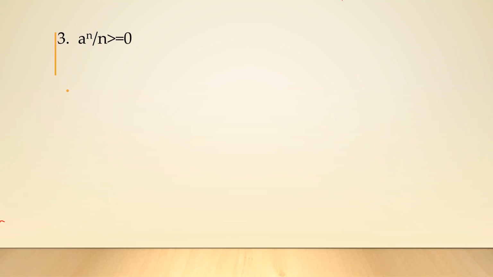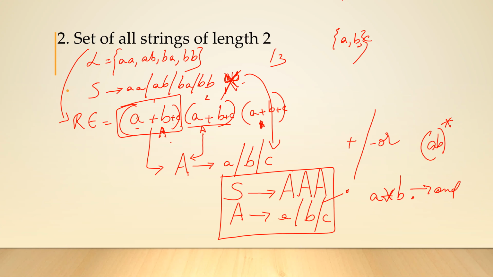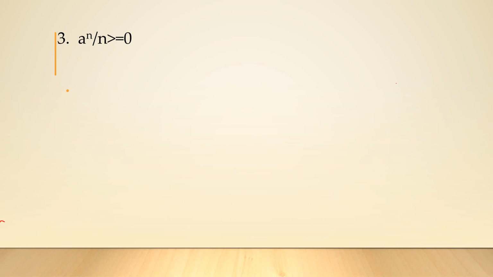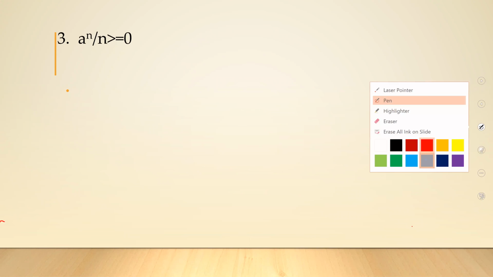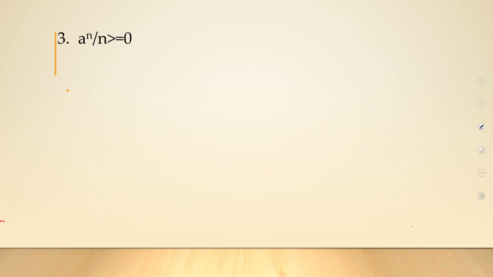Now consider a raised to n, where n is greater than or equal to 0. Now, the only building block over here is a. In the earlier question, you did have two building blocks, a and b.